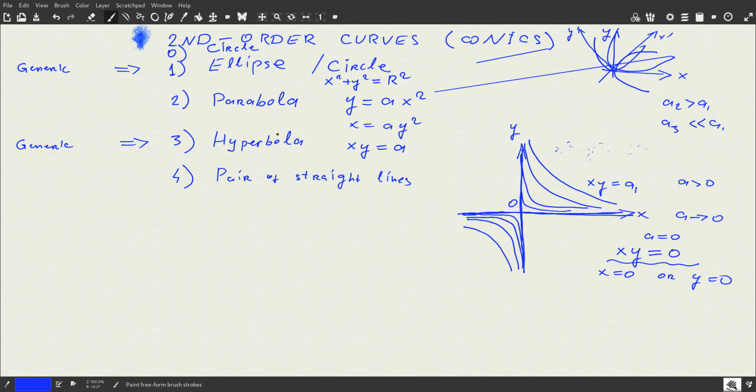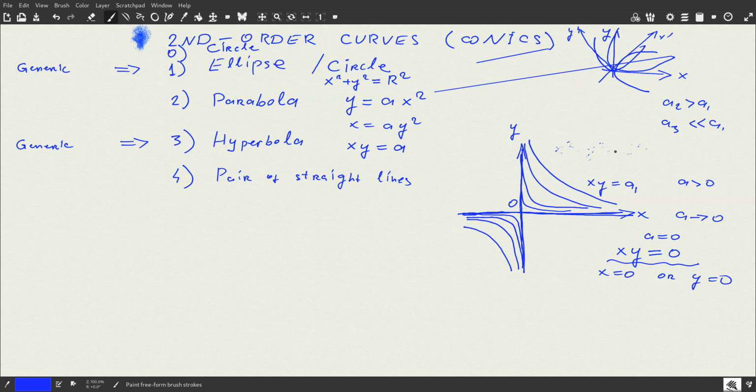So if we just randomly generate second order curves, then generically we would get ellipses and hyperbolas, and only, let's say, with probability 0 would we get degenerate specific cases: the special circle, a special one which is a parabola, and of course, a very special case, a pair of straight lines.